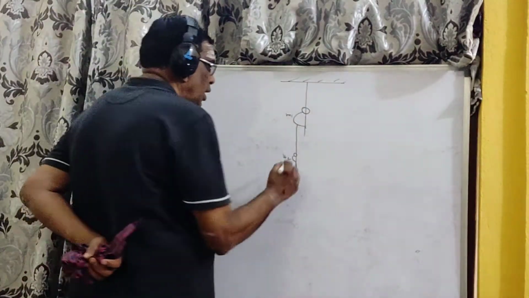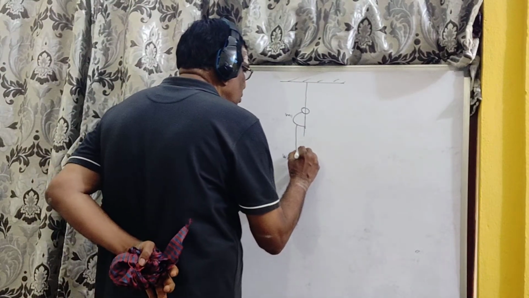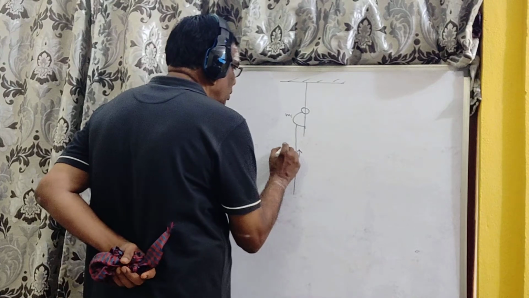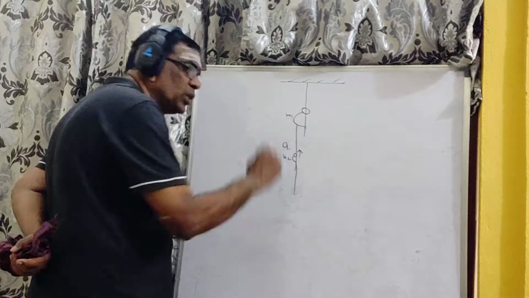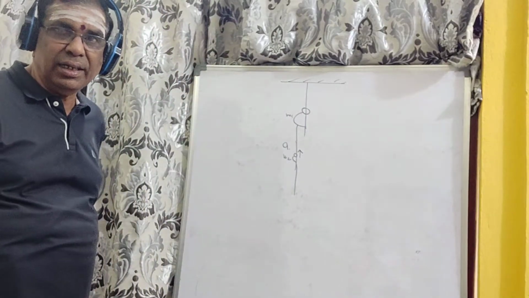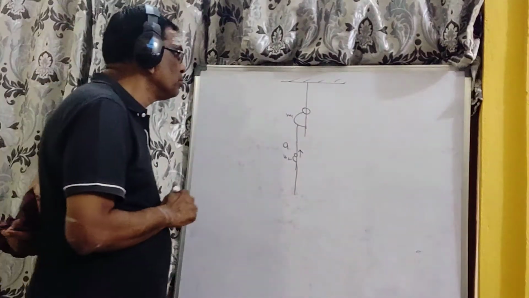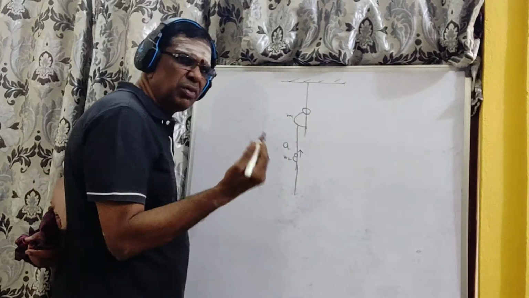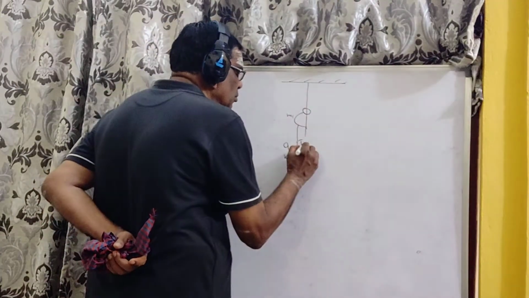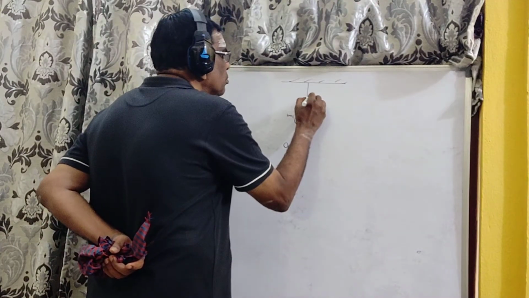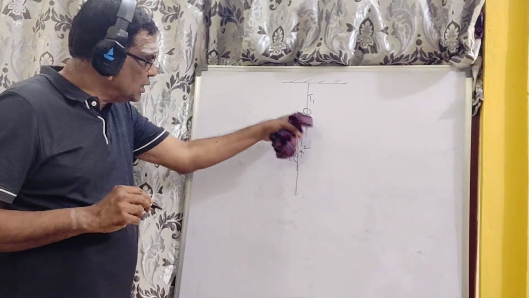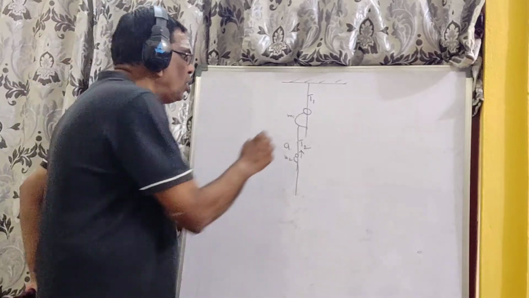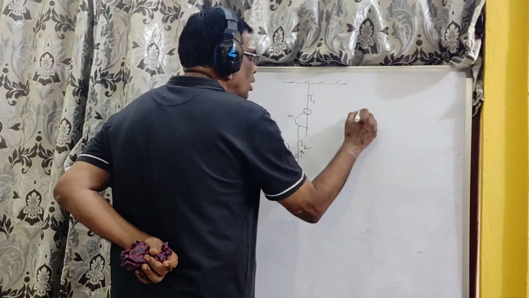And this is trying to move up with A relative to the tail. What is the tension here? Suppose if I want to know, let this tension be T2, this tension be T1. Presuming that this is stationary. So how do you write it?